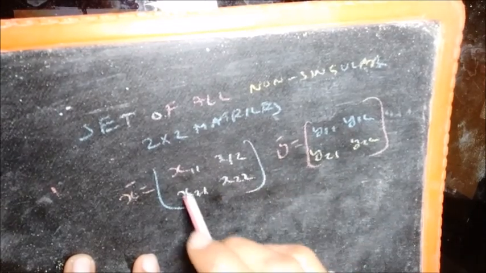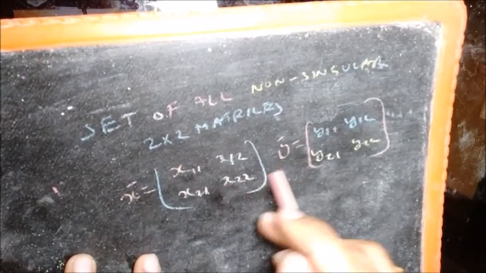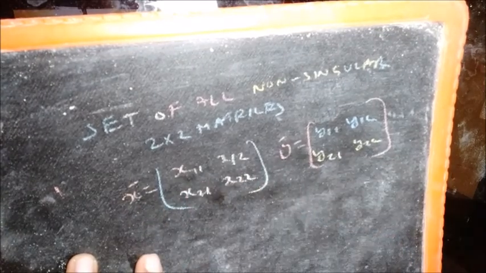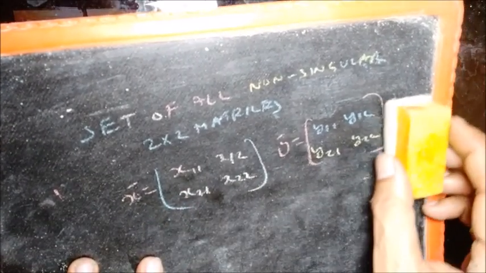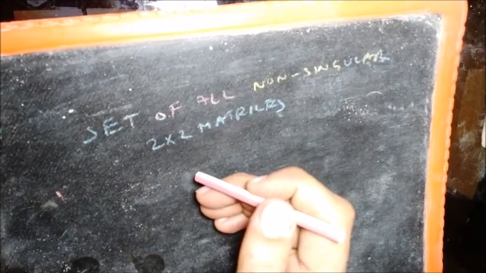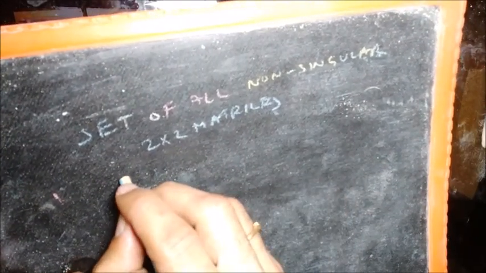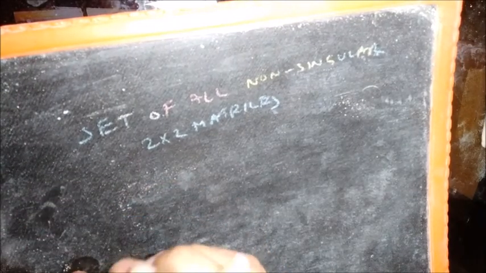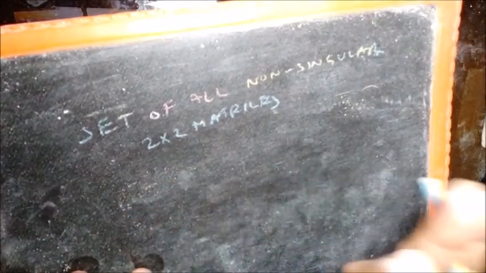So they will sit as the four elements in the matrix, which is the result of adding these two. So that is the way we are defining addition. Now let us see whether the set is closed under addition, the way we have defined addition. So I can show that it is not so by a simple example.